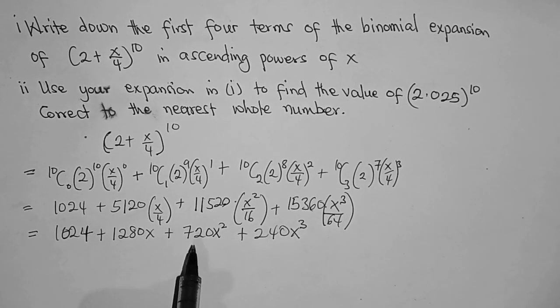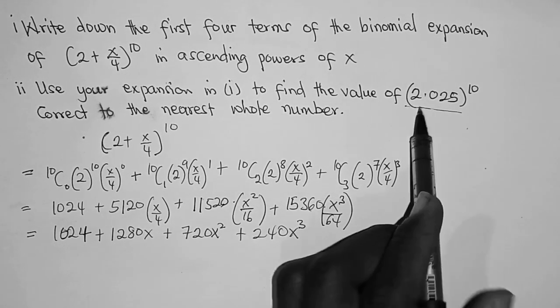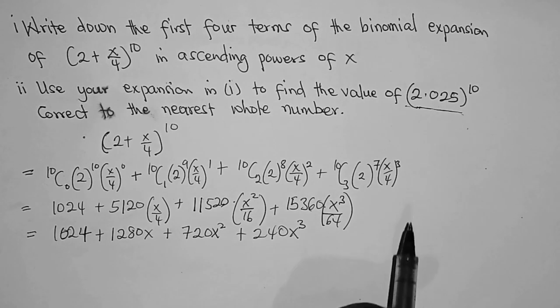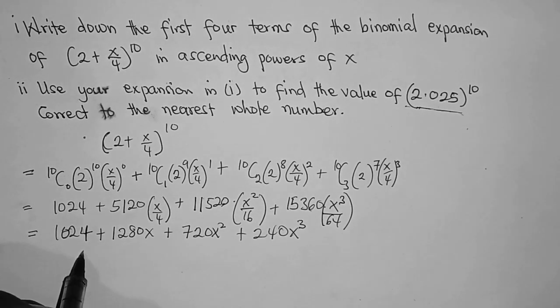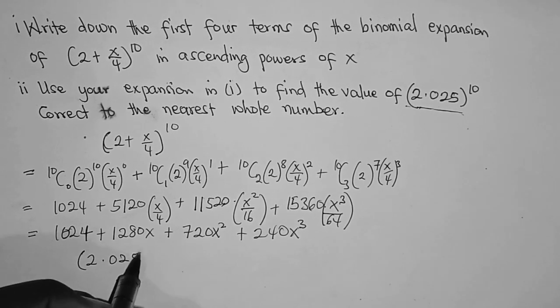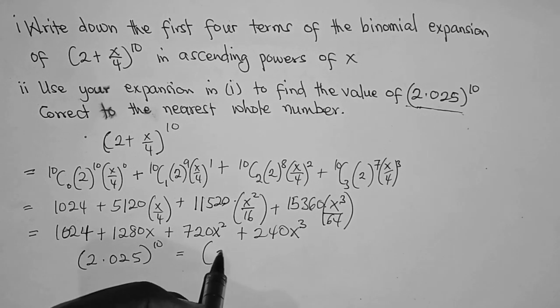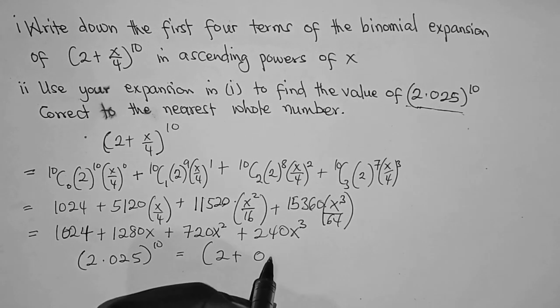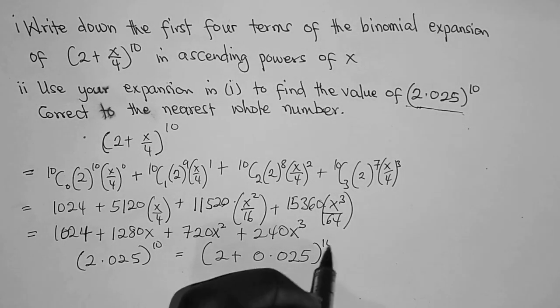Now, the second part of the question says that we should use it to evaluate 2.025 exponent 10. Now, we can write that as 2.025 exponent 10. So this is the same as (2 + 0.025)^10.